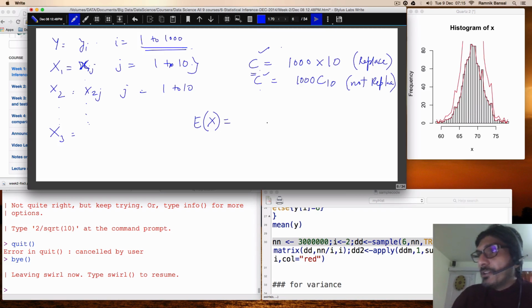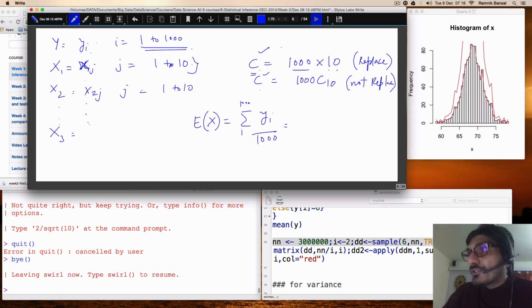My expected value as such should be nothing but the summation of yi for i is 1 to 1000, divided by 1000. But how can I compute it from my samples? I should get exactly the same answer from my samples. So how many samples am I taking? I'm taking all the samples, and for each of the samples I'm computing the average of that sample.